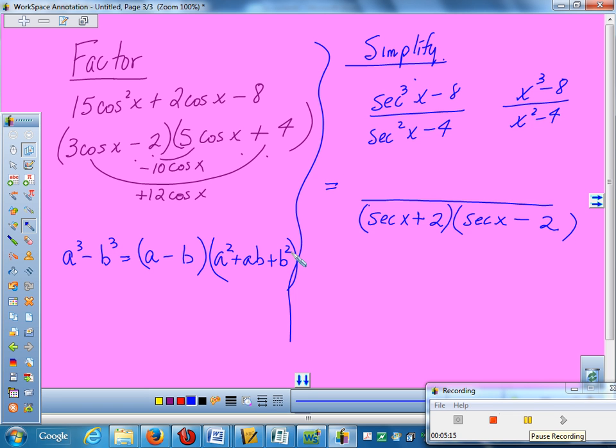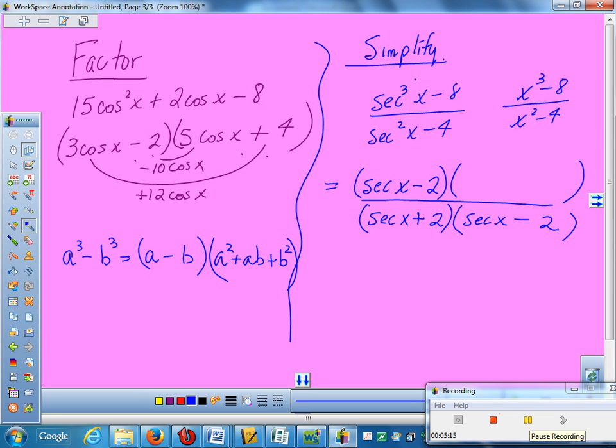So in our case, it's the same thing, just with a secant instead of just an x. You have to go, what are those uncubed? So it'd be secant x, but what number are you cubing to get 8? 2. 2 cubed is 8. So it's secant x minus 2. And now you just follow the pattern.